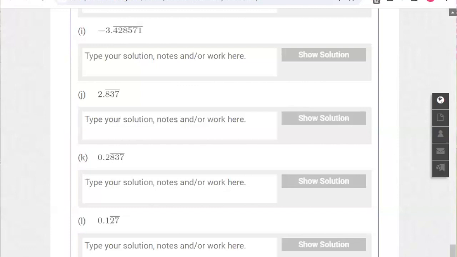Are you looking at the whiteboard? What did I just write? 1,000. We multiply it by 1,000, which is going to give us 2,837.837. Are you happy with this?